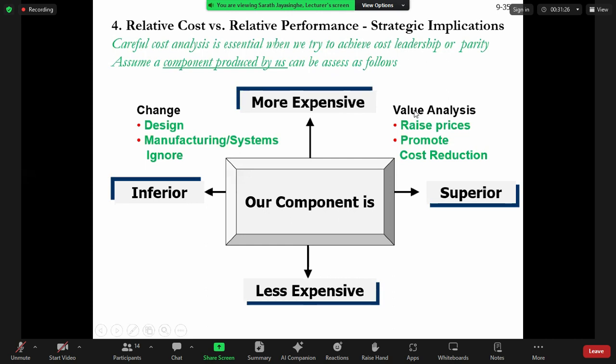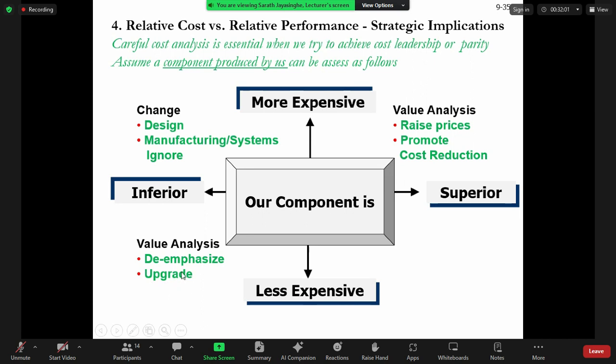And think about value analysis because this is superior and this is also superior. You can think about the price and customers, the target market, we can raise the prices and do some promotion while doing some cost reduction because it is more expensive. The other one, value analysis, again, de-emphasize or upgrade because the product is inferior and also less expensive, right?